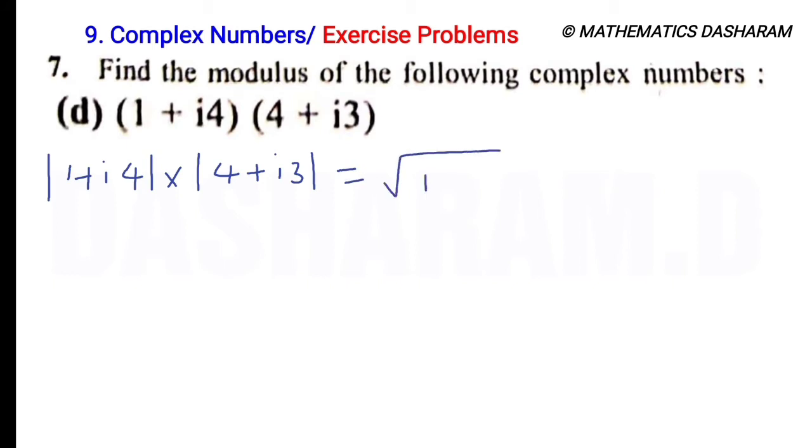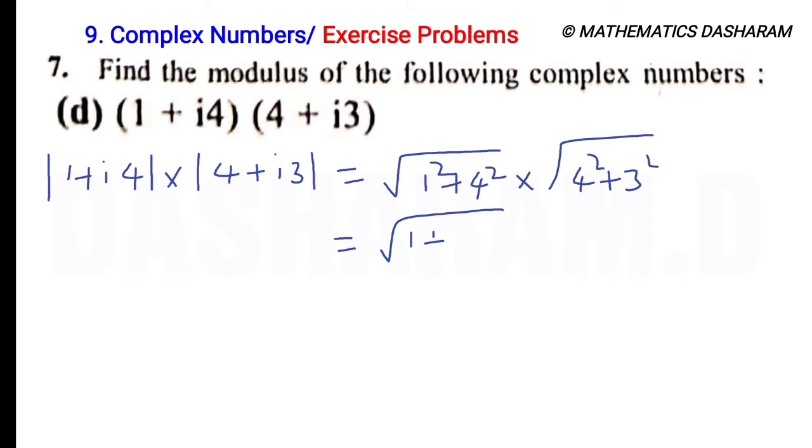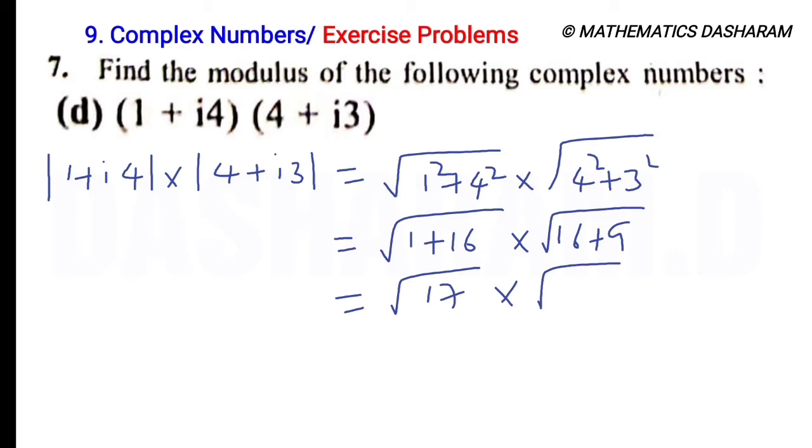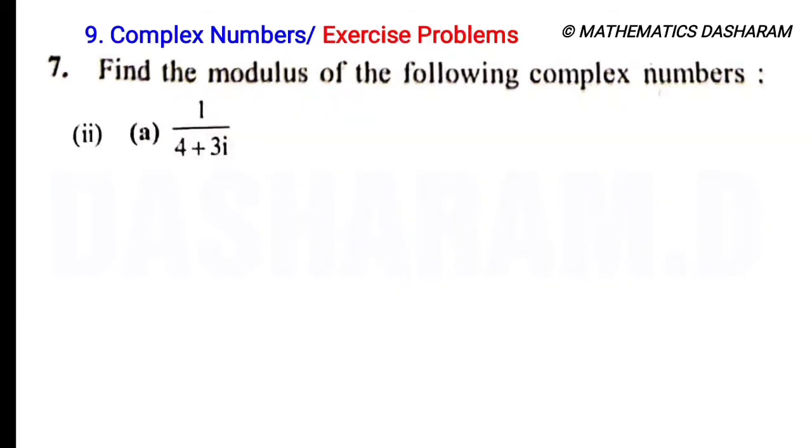So under root 1 square plus 4 square into under root 4 square plus 3 square. 1 square is 1, 4 square is 16, 4 square is 16, 3 square is 9. 1 plus 16 is 17 into 16 plus 9 is 25. So 5 under root 17.